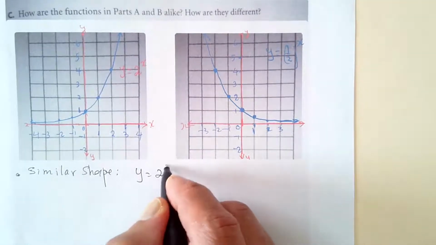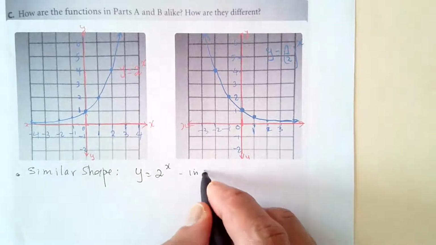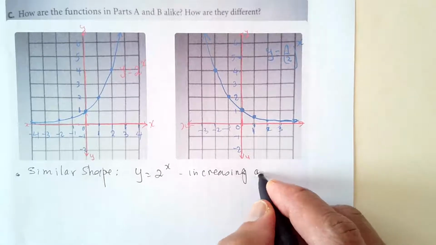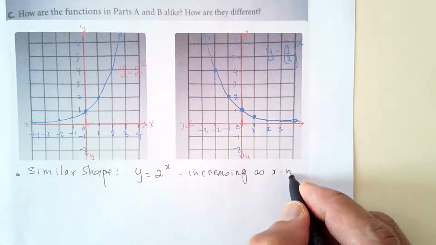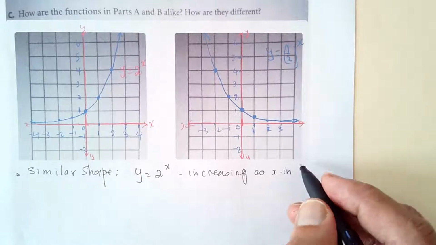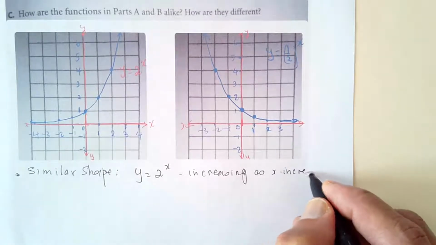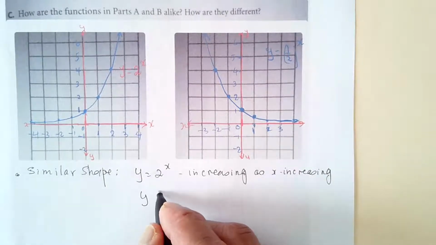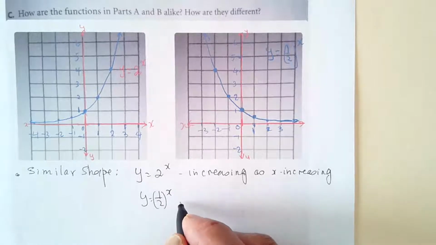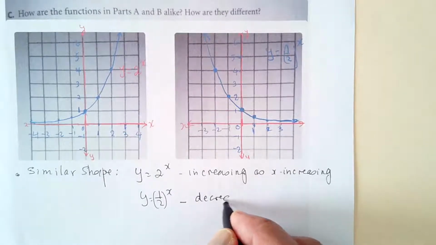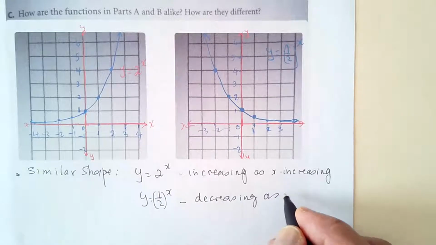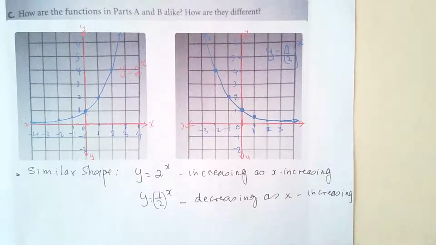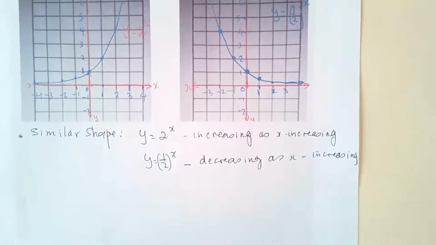Y equals 2 to the power x is increasing as x increases. Y equals (1/2)^x is decreasing as x increases.